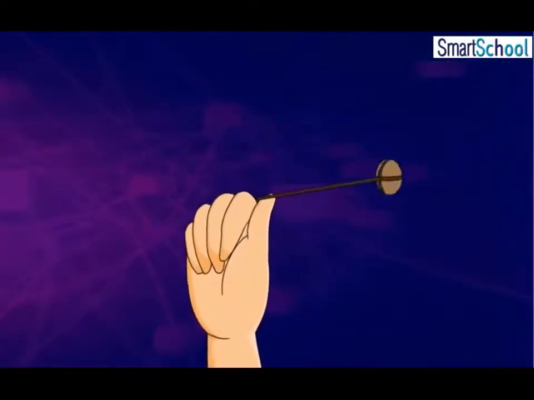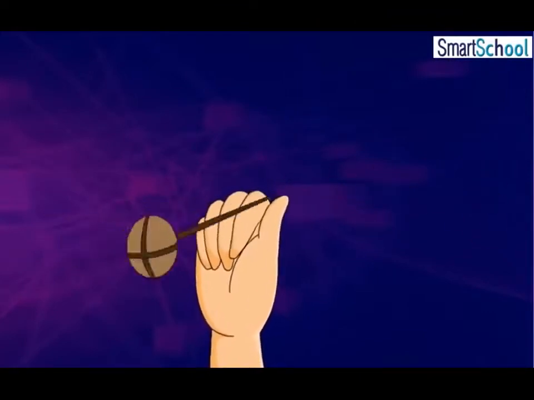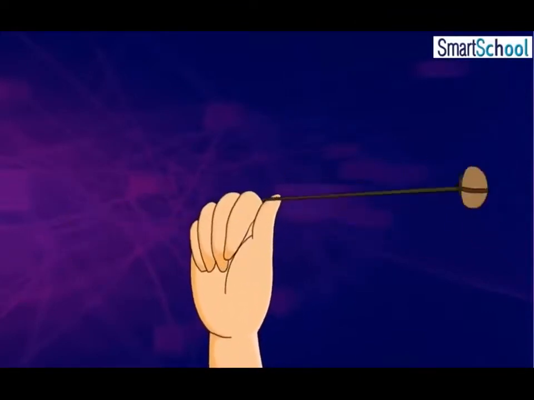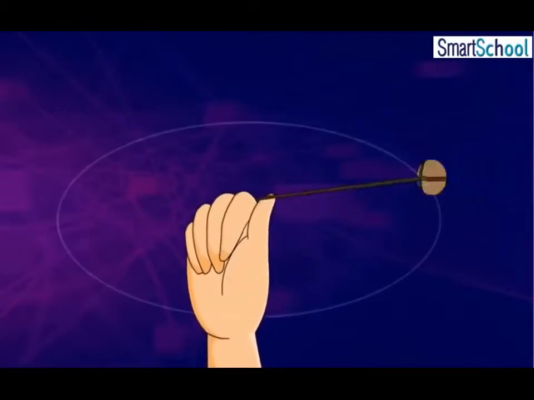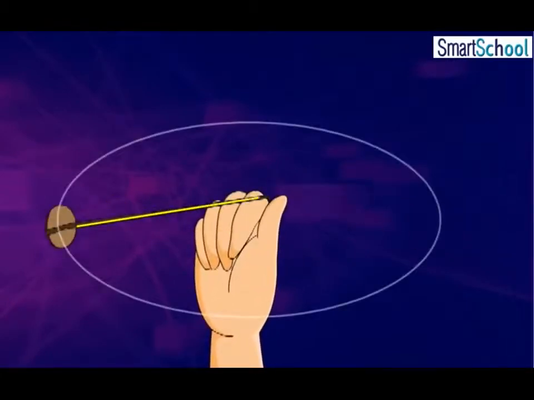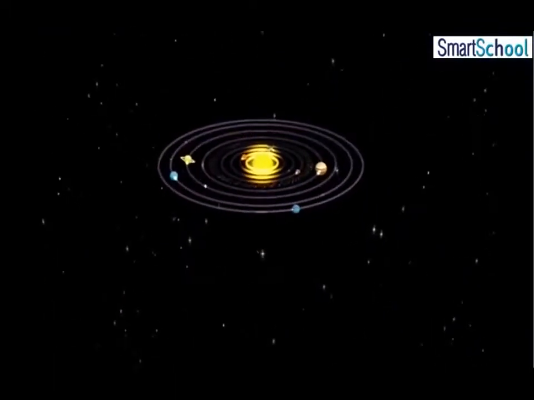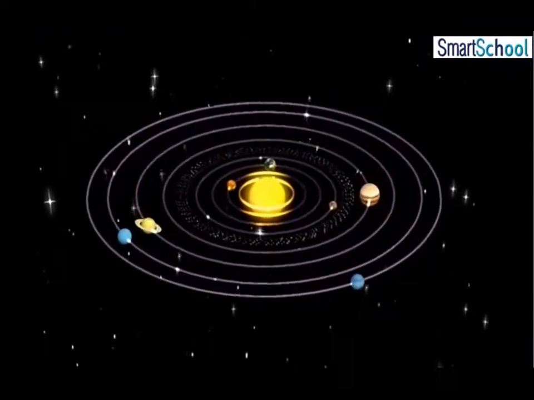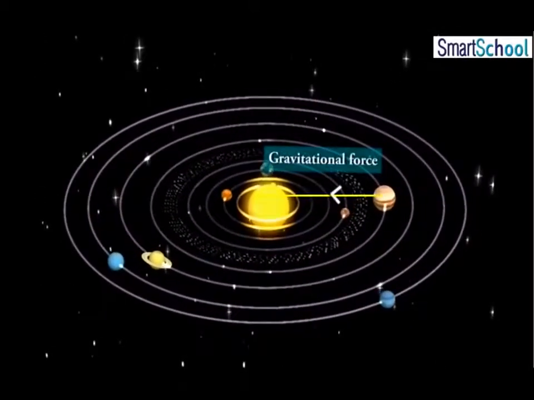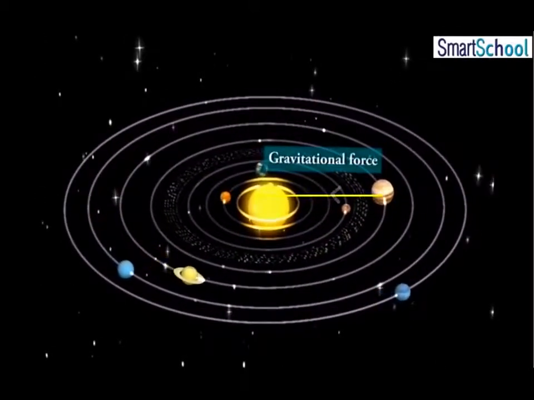For a stone rotated in a circle by a string, the centripetal force is provided by the tension in the string. The centripetal force for motion of a planet around the Sun is the gravitational force on the planet due to the Sun.